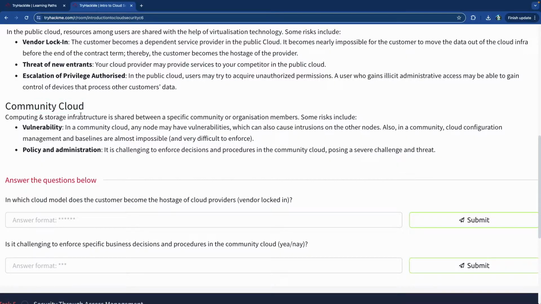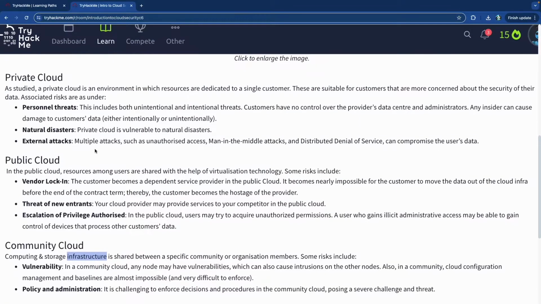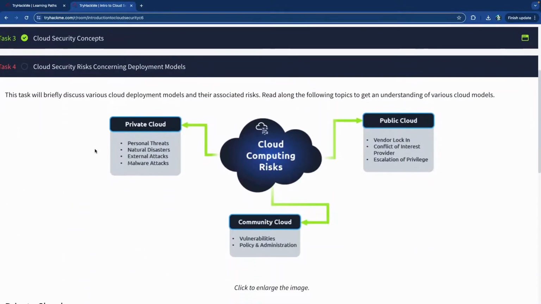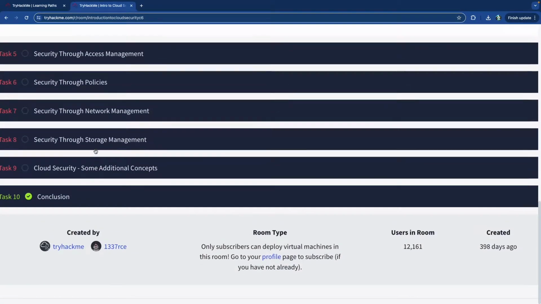The Hive project allows you to have a community around a certain case in cybersecurity that your company may be dealing with. And so that has its vulnerabilities, and enforcing policy and administration changes on those vulnerabilities can become challenging. So that's really basically the difference between these different clouds and then the security risks that go to those clouds.